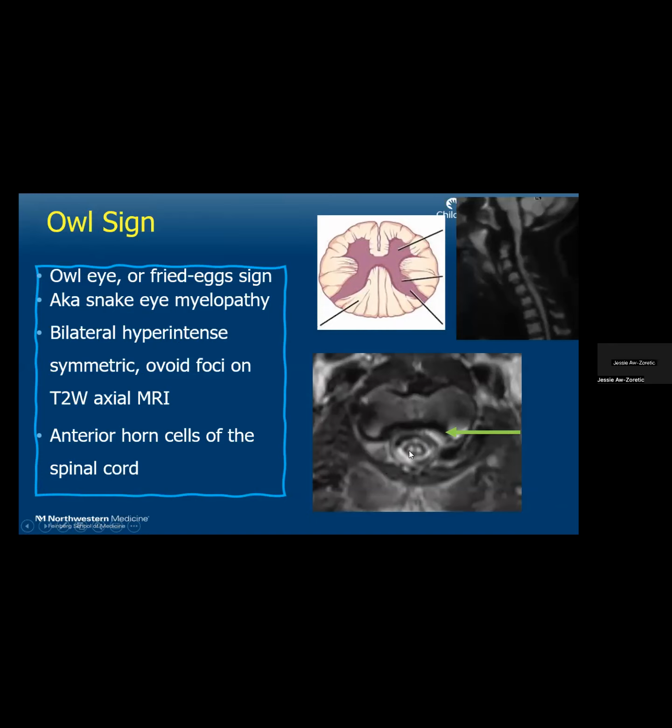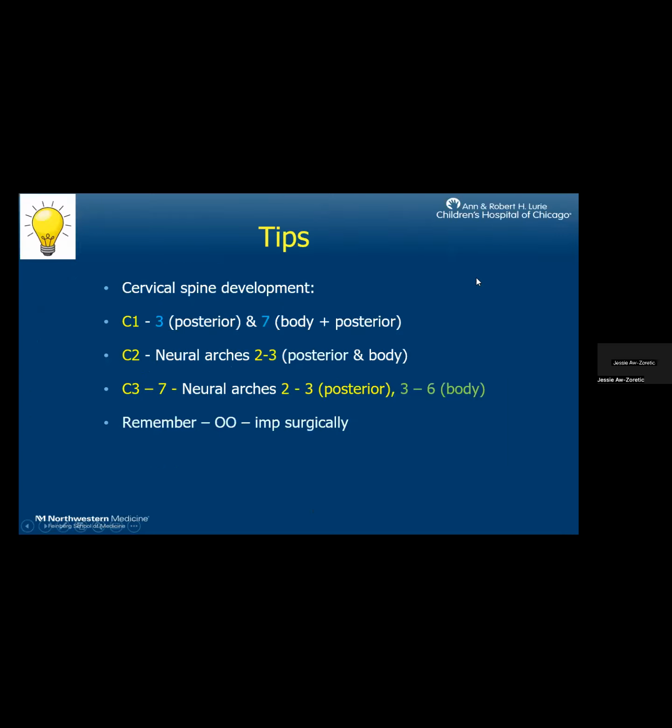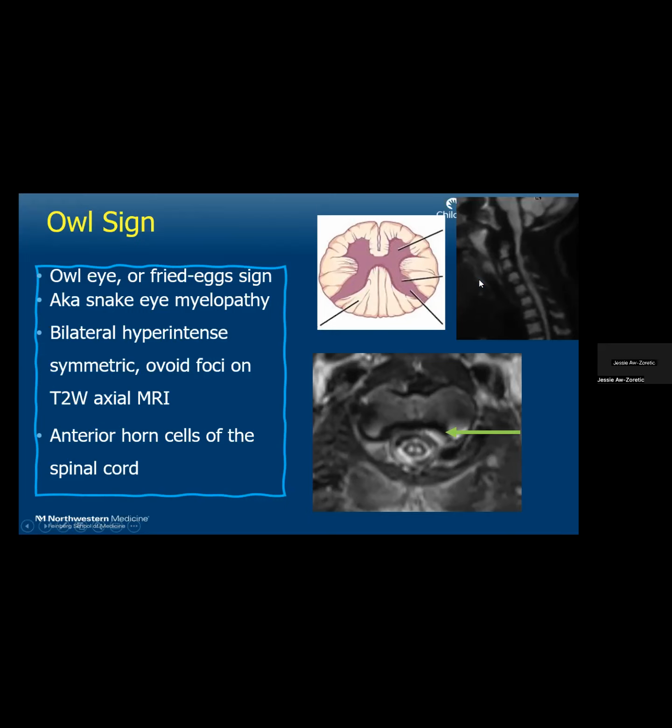Basically, there are two bilateral, hyperintense, symmetric ovoid foci best seen on axial T2. If you want to make sure it's not an acute thing, because this looks very similar to an anterior cord infarct, and you're worried, always get the DWI. But basically, it's myelomalacia going on.